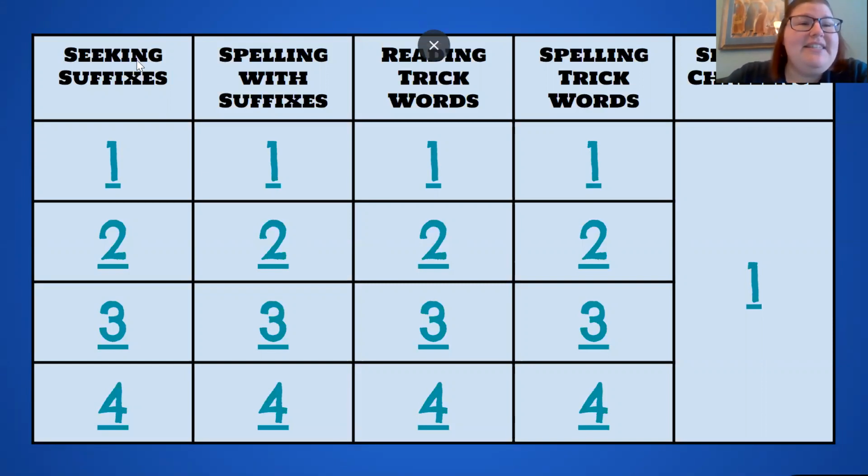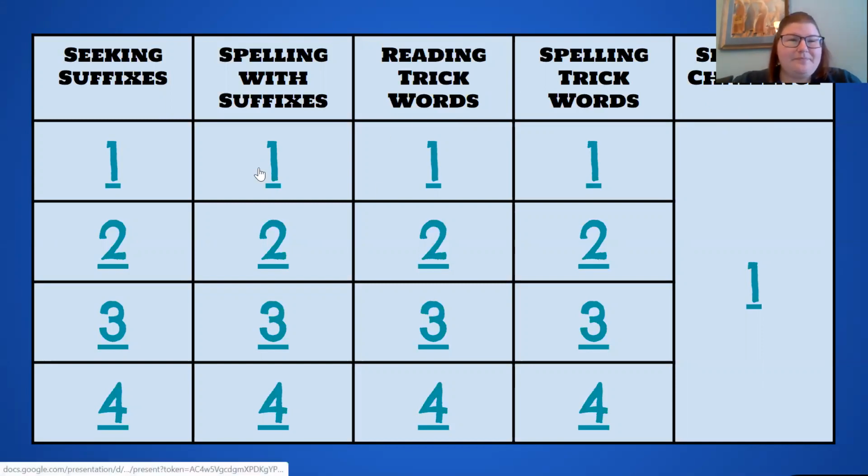So we have seeking suffixes, looking for those suffixes, spelling with suffixes, which means I will tell you a word with a suffix and it's going to be our job to write it. Reading trick words. I'll show you a trick word and see if you can read it. Spelling a trick word. And then our last one will be a sentence challenge. Let's go ahead and get started.